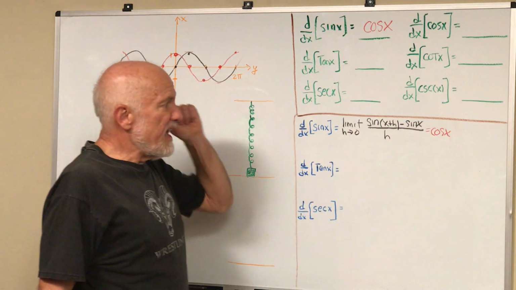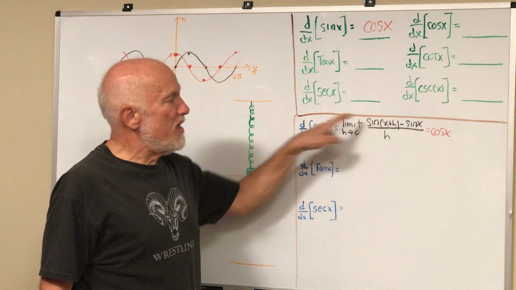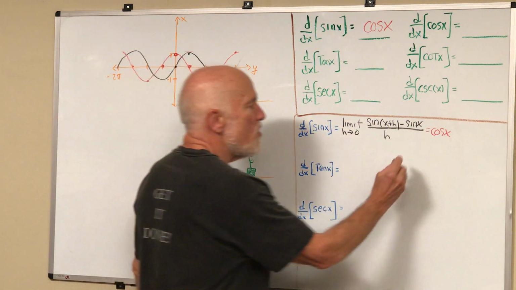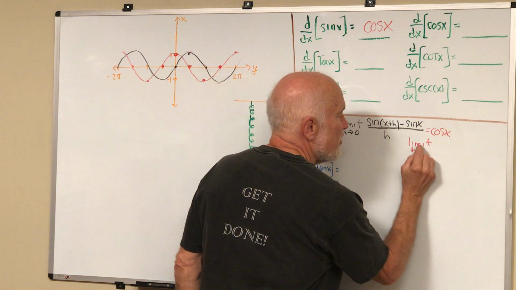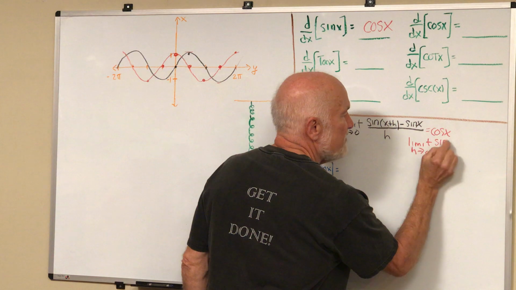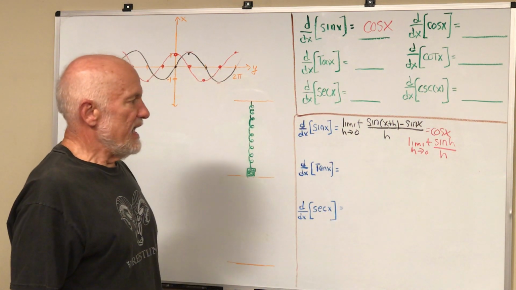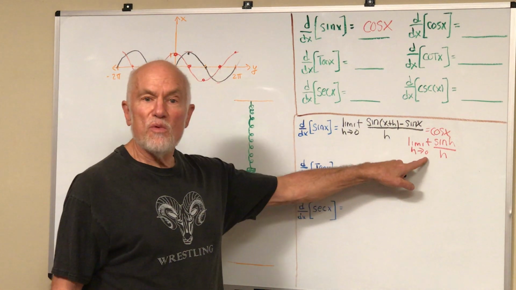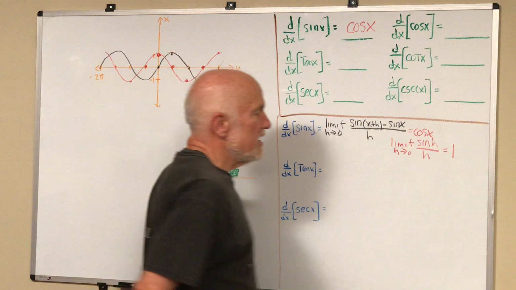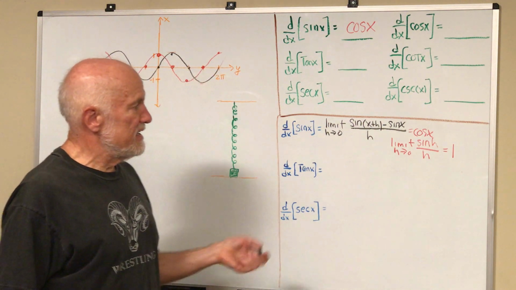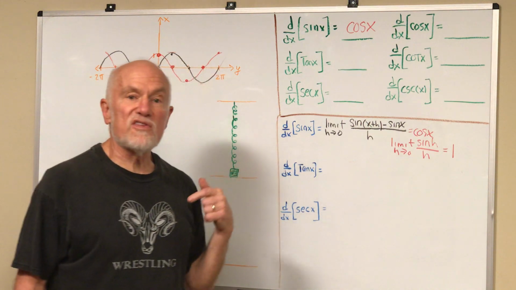Now, the only thing I really want to make clear is that when you do go through all that work, at one point you get the limit as h approaches 0 of the sine of h over h. This is something that we proved once before, that this was equal to 1. You have to use that in this proof in order to find it's the cosine of x.